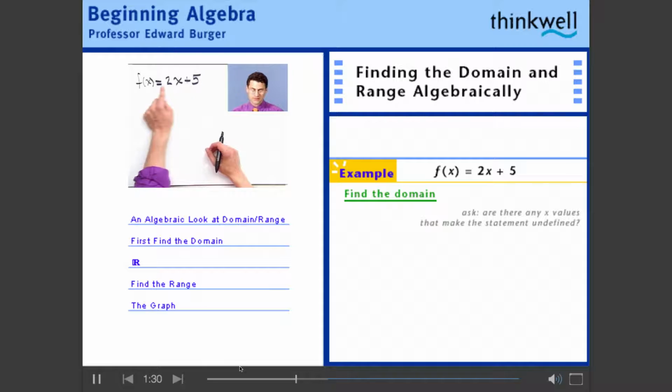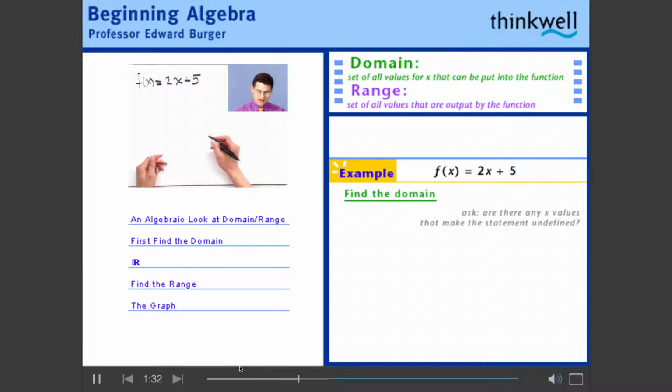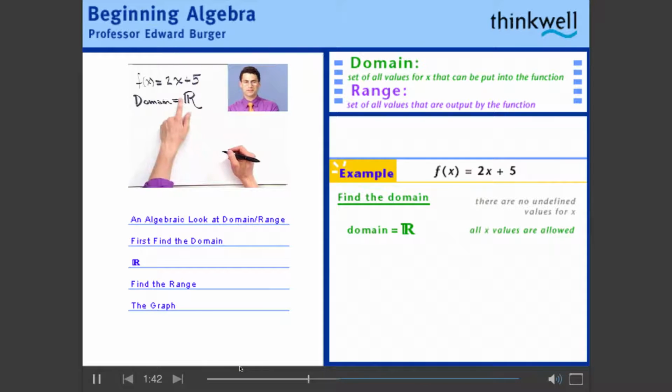And so this is defined for all real numbers. So the domain would be all reals. Sometimes the real numbers are denoted by what looks like a bold-face R, but it's actually two bars and then an R. So all the real numbers, so all the x values possible.